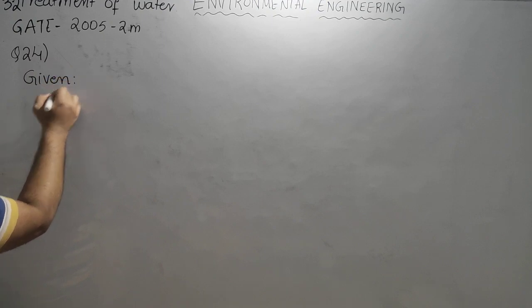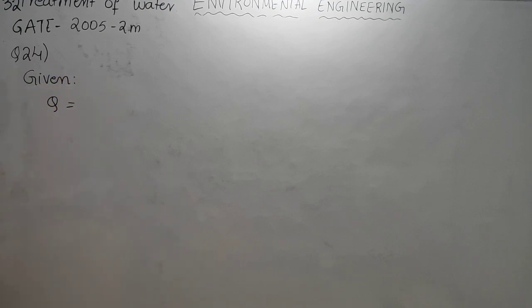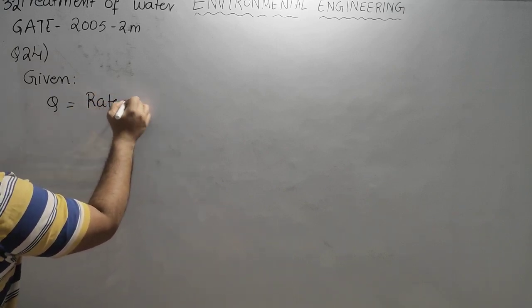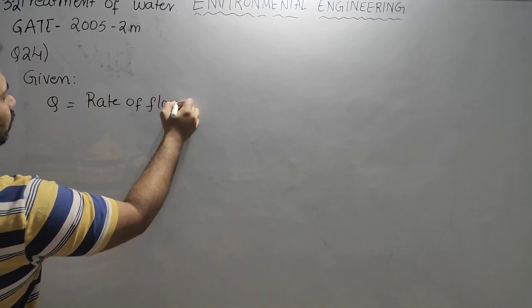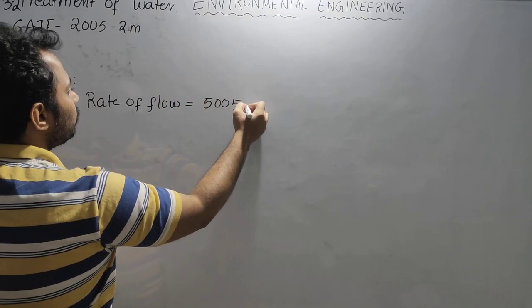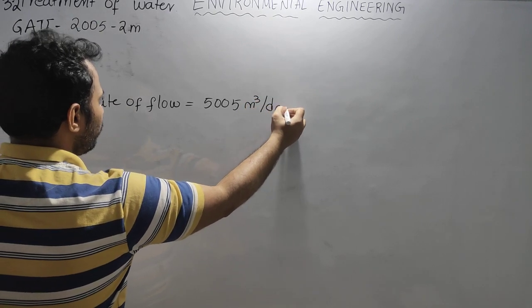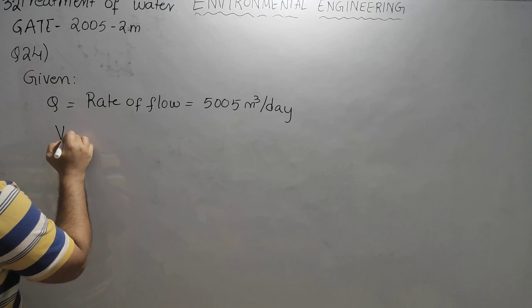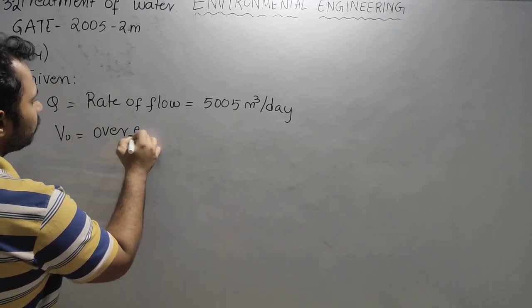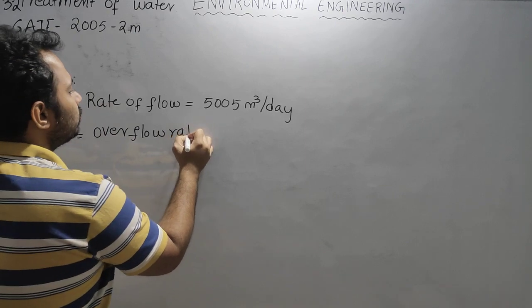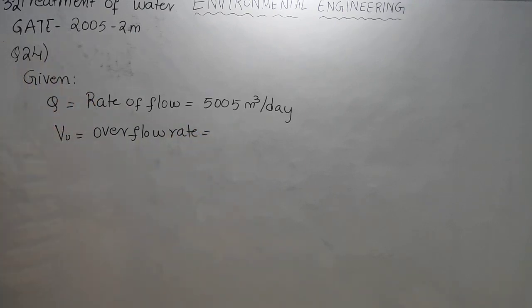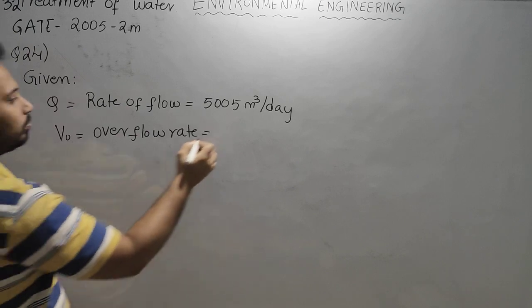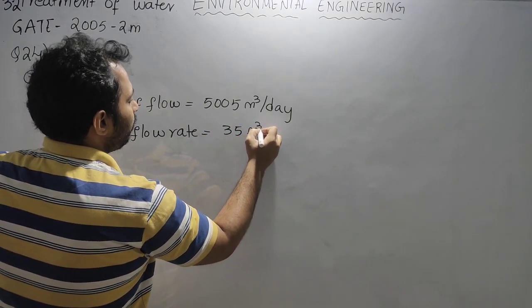Q was given as rate of flow, that is equal to 5005 meter cube per day, and the overflow rate was given as 35 meter cube per meter square per day.